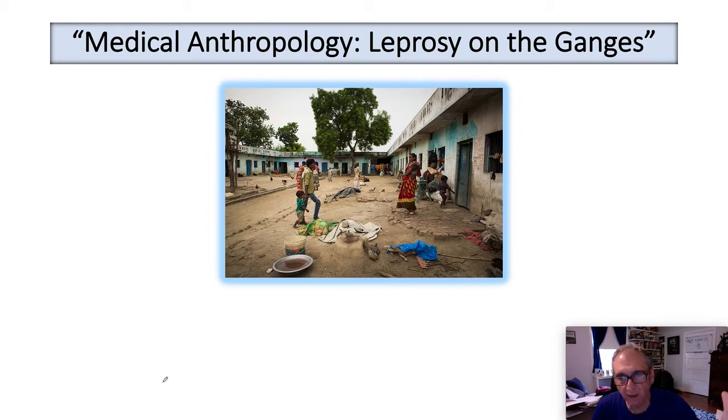Whatever you see on your PowerPoints is all you can know about those articles, unless you can track them down and read them. If anybody cares to, they can find Leprosy on the Ganges by Ron Barrett, and we have a picture here of a leper colony.